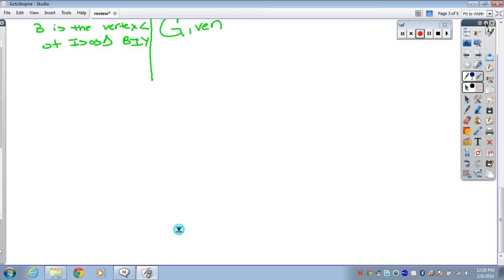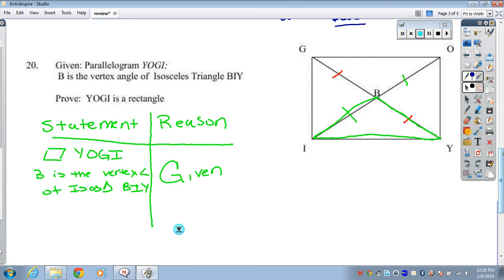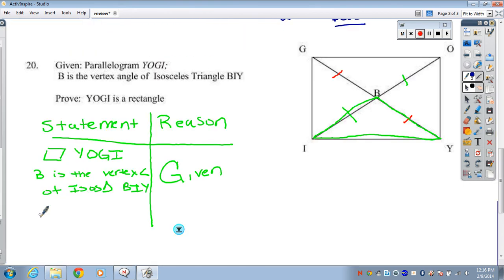All right, next step. What else did we talk about? We know that BI and BY are legs of an isosceles trapezoid. So we're going to put that in our proof.